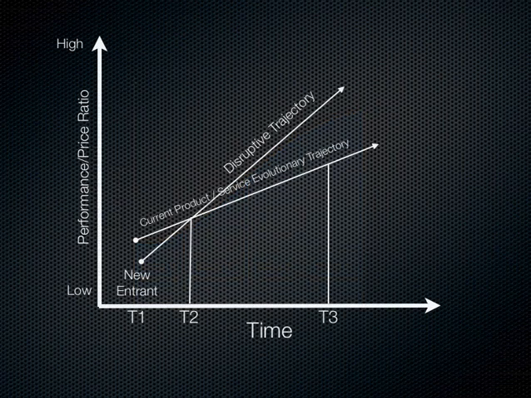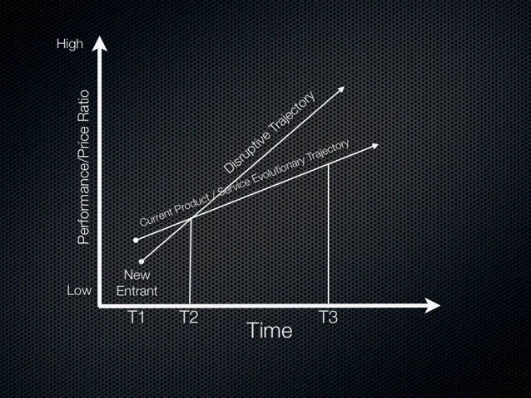And we take a look at how technologies over time affect one another. So we have on the y-axis here the performance-price ratio of a particular technology, and the x-axis shows time. And we'll take a look at the arrow labeled current product/service evolutionary trajectory.